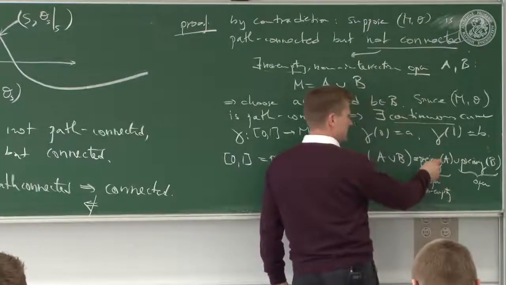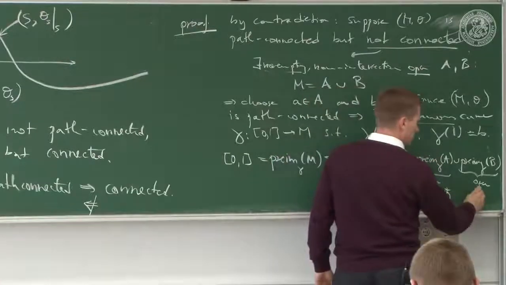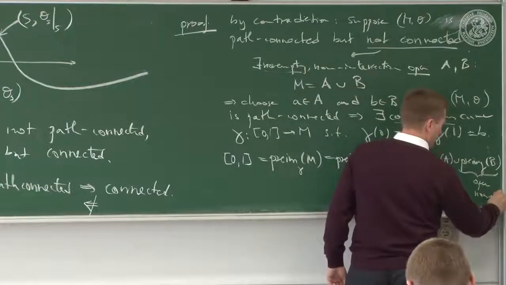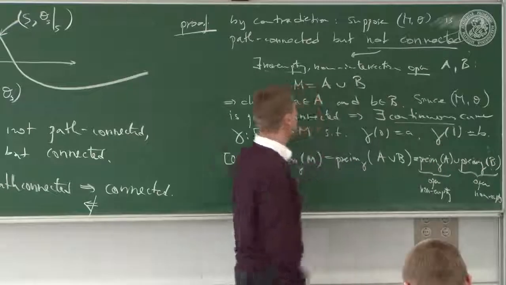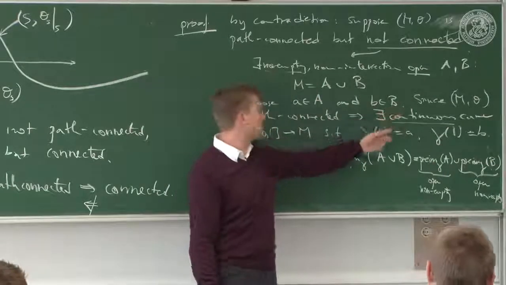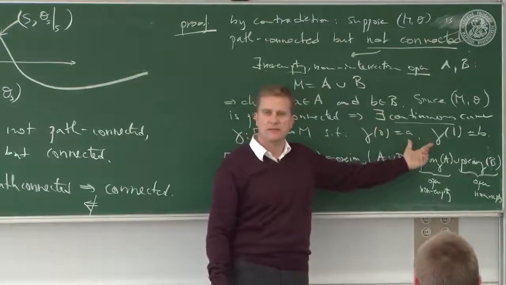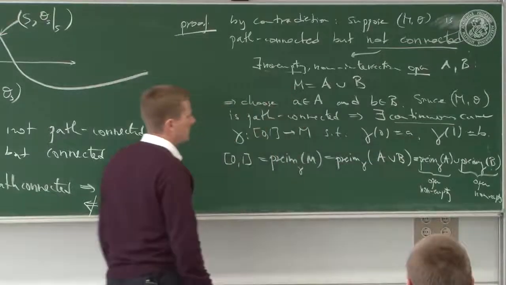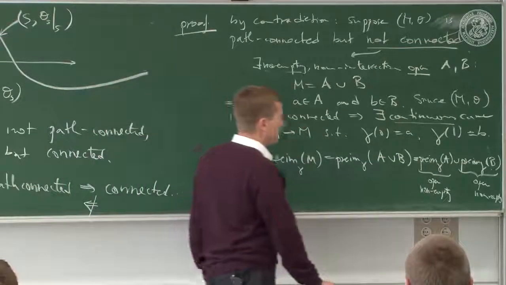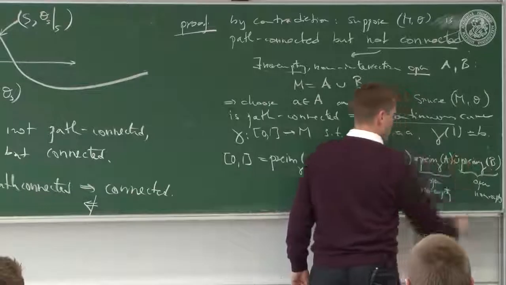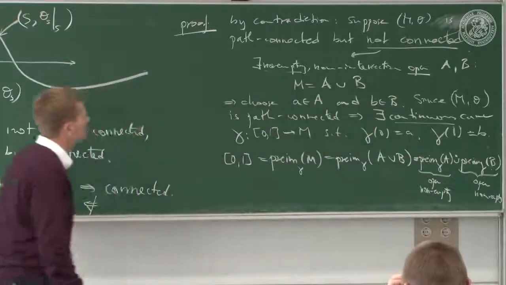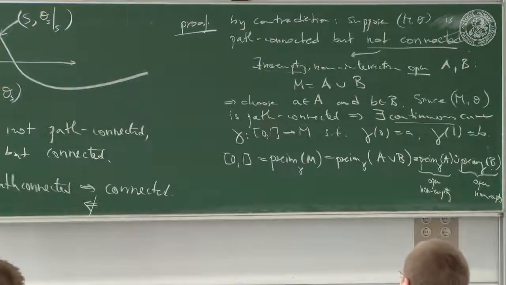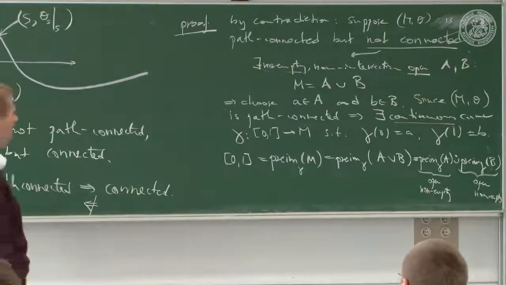So at least the 0 is in here, and at least the 1 is in here, because A and B are the curve endpoints. They're also non-empty, and they're non-intersecting. Hang on, what do we want to show?